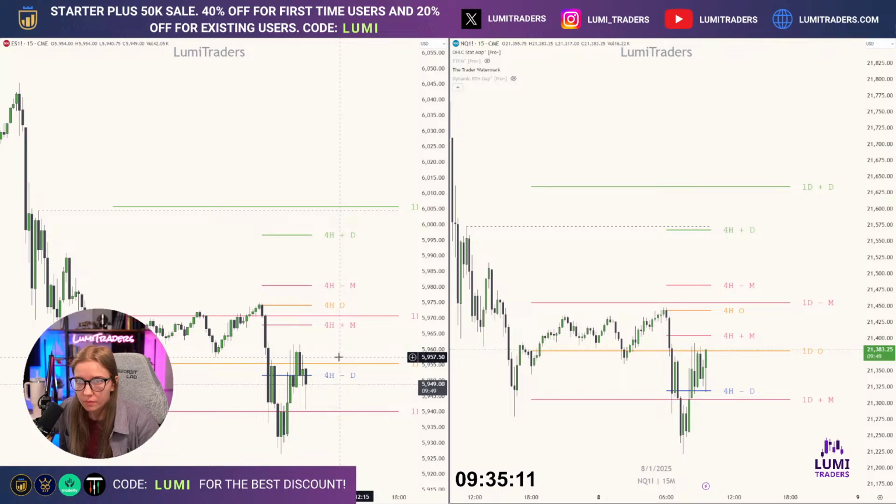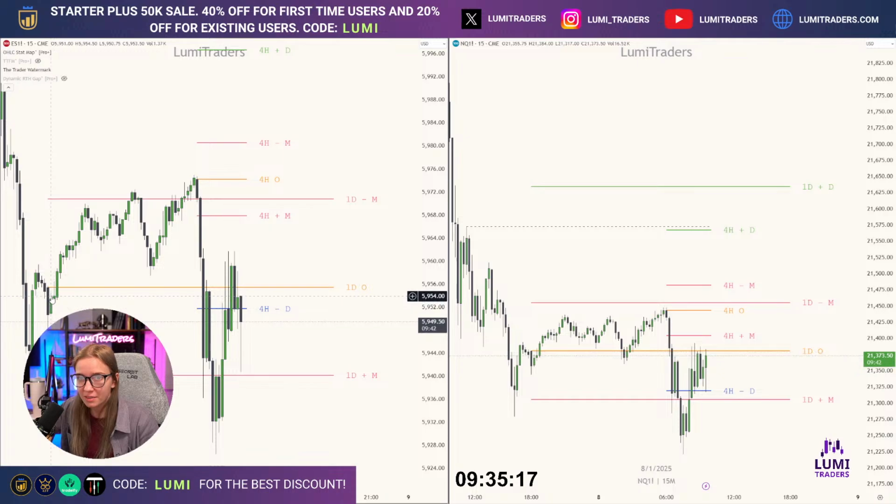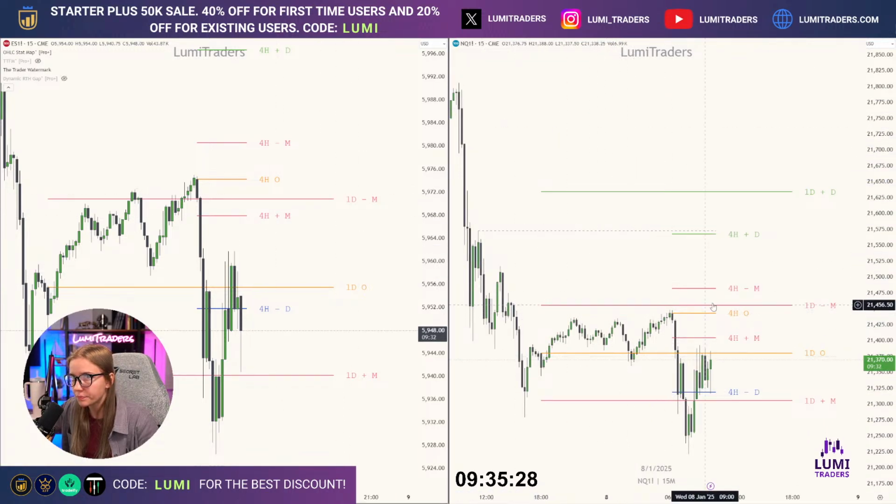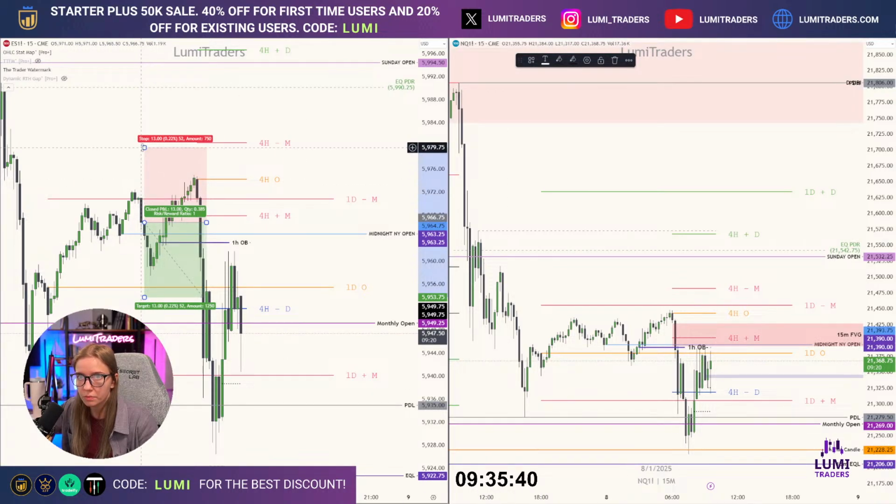Well, okay, perfect. We got daily open, move above daily open right here, and then move all the way down to opposite manipulation level. Same right here, but I would say it's not that perfect as on ES. But still, nice. So basically, if I want to trade these levels, I'm going to short off this inversion right here with stop loss above this thing.